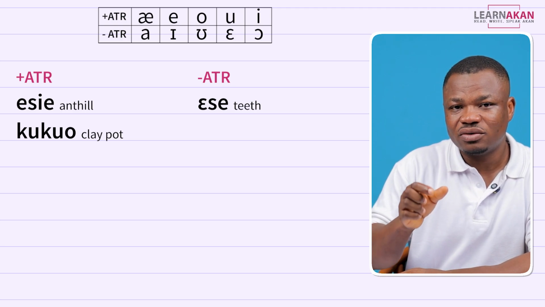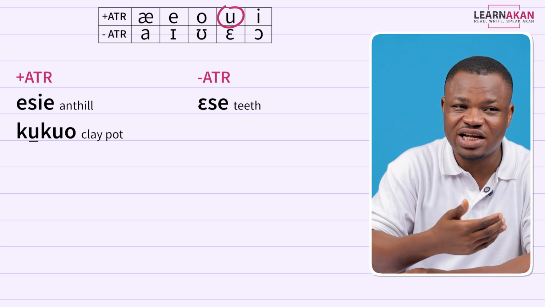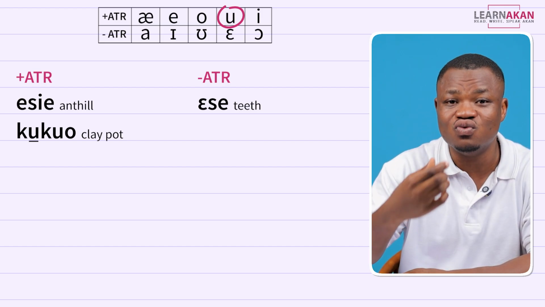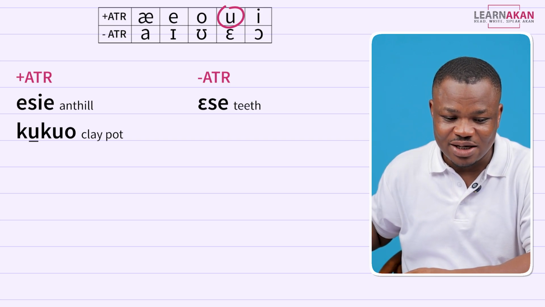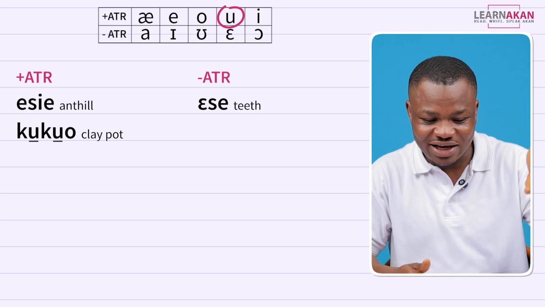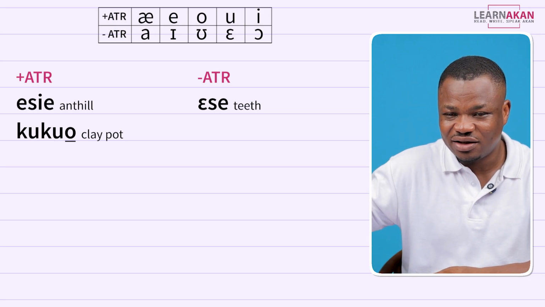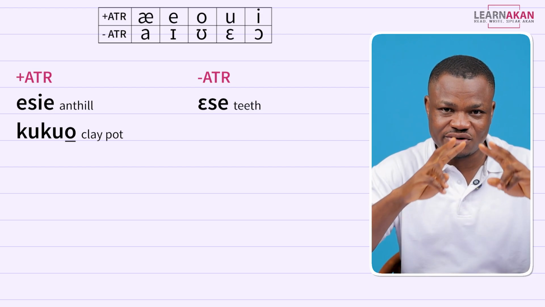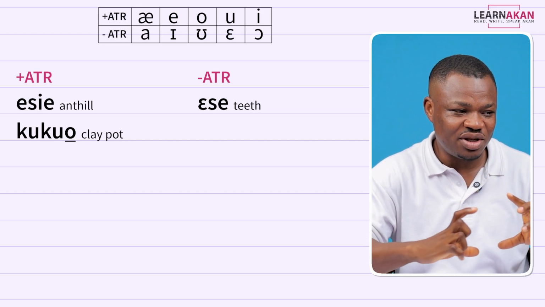So we have kuku. Now, the U here is one of the 4 vowels that have just a single sound, right? So U is always U, and U is from the plus ATR set, right? So once you have this U and we have another U after the second K, right? Then the last U that you have there, this U is one of the 3 vowels that produce 2 distinct sounds, right? We said U can be O, right?